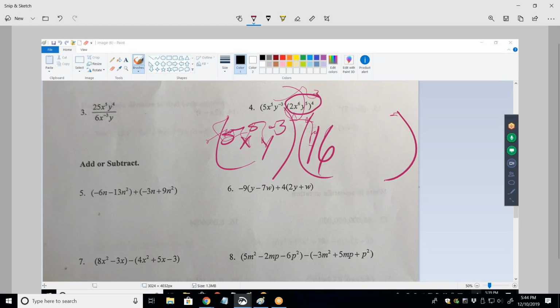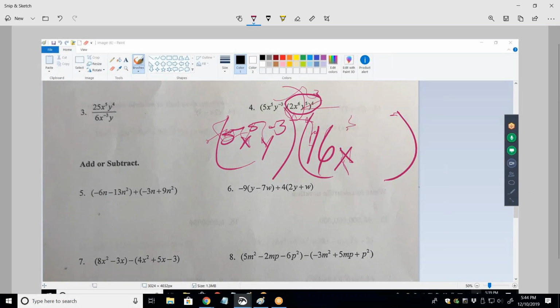X to the 6th to the 4th power. What are you going to do with those exponents? Add them together? No, you're going to multiply them. We don't have multiplication going on; what we have is exponentiation going on. One level less than exponentiation is multiplication. So it's x to the what?